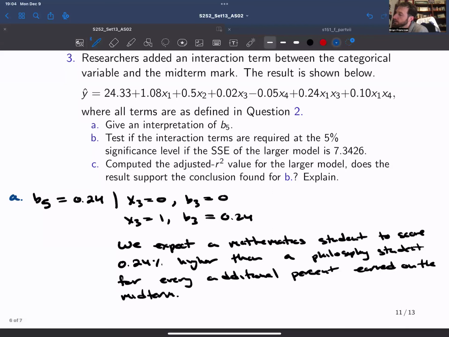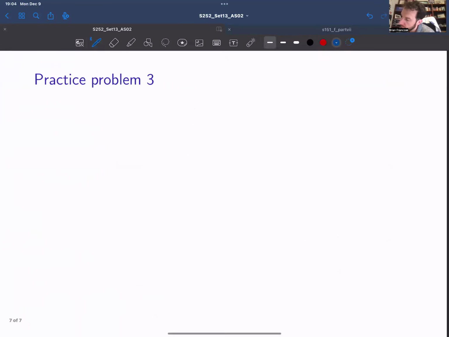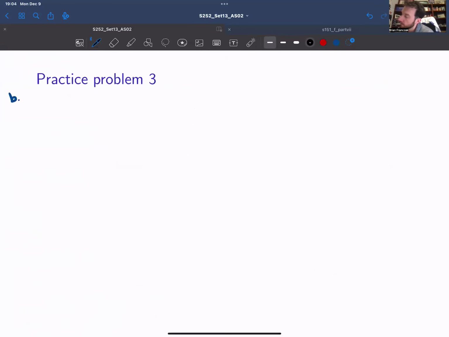Okay, in part B, we're going to do a model or an extra sum of squares F test. So it says test if the interaction terms are required at the 5% significance level if the SSE of the larger model is 7.3426. Okay, so first off, we have two models here. The reduced model is the first model from part 1.